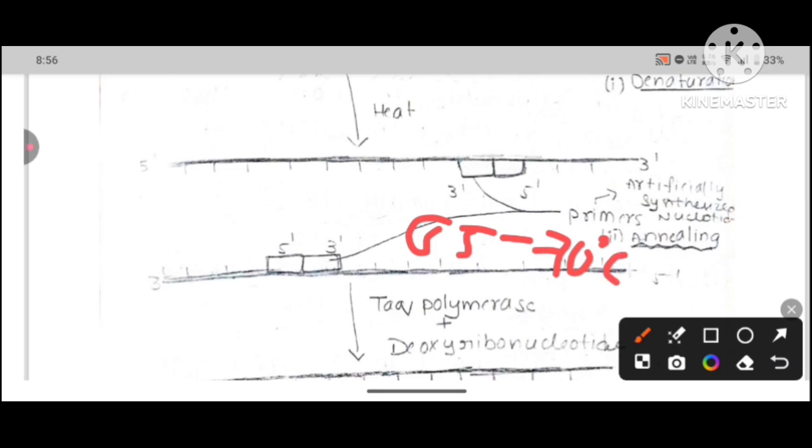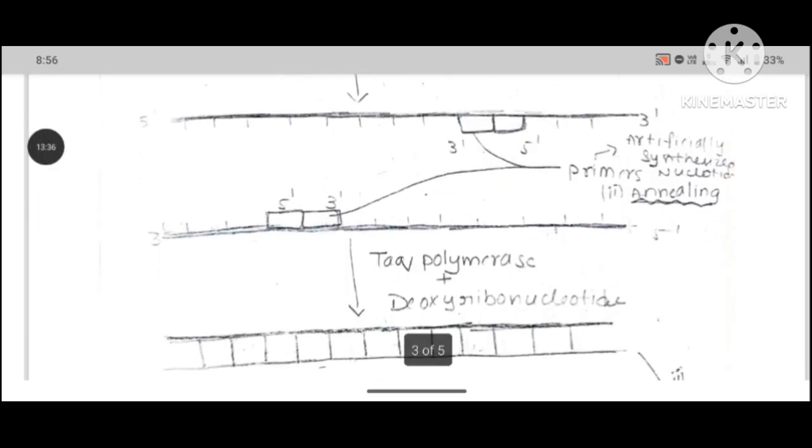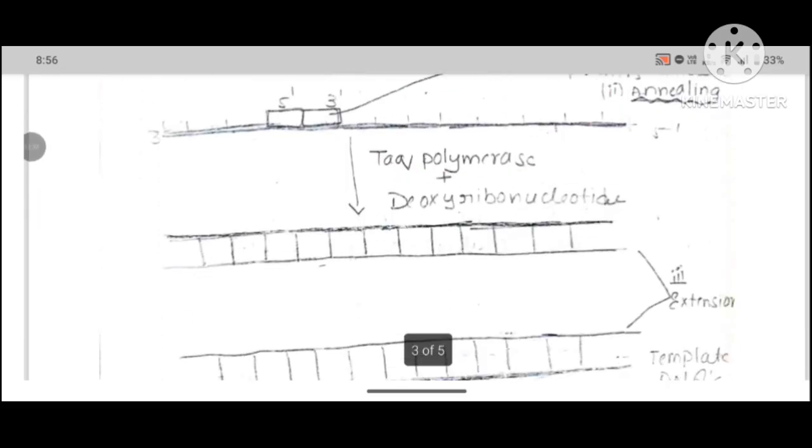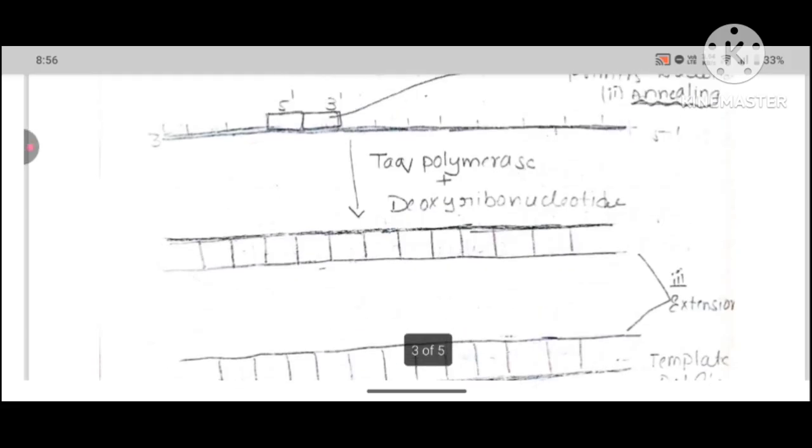After the annealing, followed by the addition of Taq polymerase and dNTPs, it efficiently synthesizes the DNA strands.